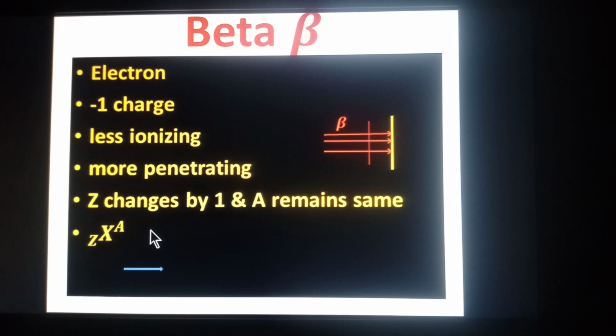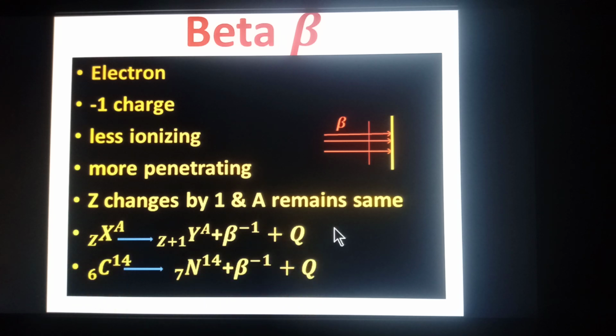Look at this equation in which an element with mass number A, charge number Z undergoes a beta emission, means emits a beta particle. It changes into a new element with the same mass number but different charge number with the release of a beta particle. It is beta negative. There is a beta positive that we will discuss in the college section, with the release of energy.